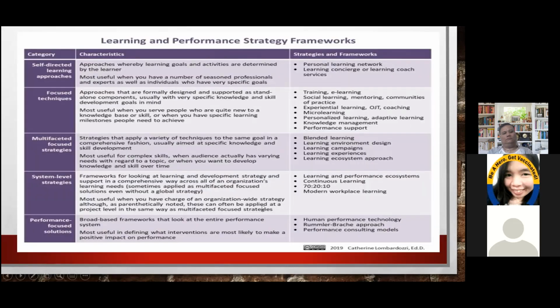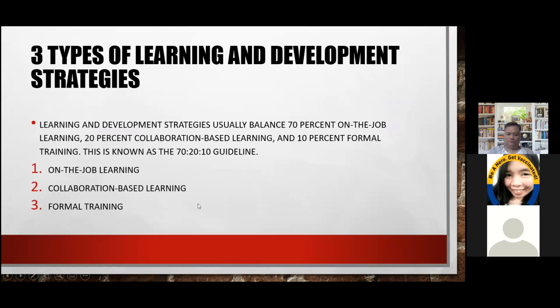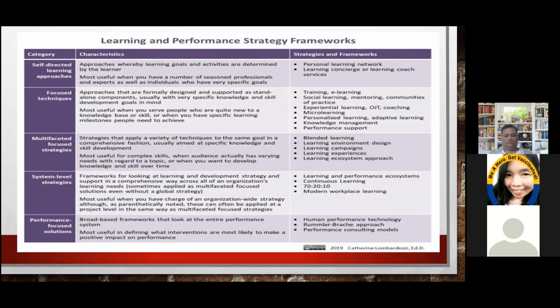System level strategies are the learning and performance ecosystem, continuous learning, 70-20-10, and modern workplace learning. Performance focused solutions, the strategies and frameworks are human performance technology, the Rummler-Brache approach, and the performance consulting model.